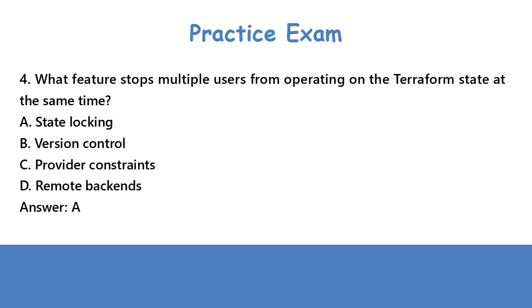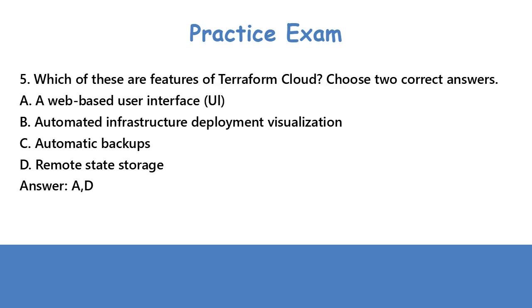4. What feature stops multiple users from operating on the Terraform state at the same time? A. State locking. B. Version control. C. Provider constraints. D. Remote backends. 5.